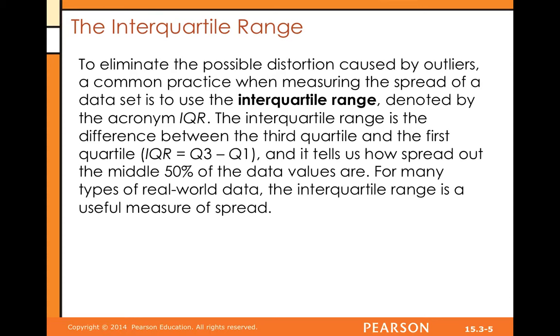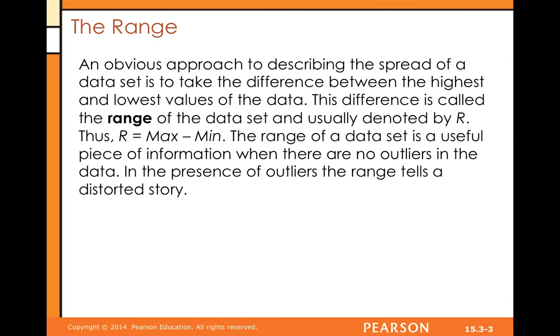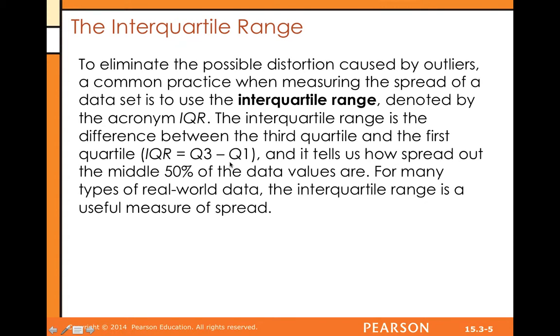Okay, so a different kind of range is called the interquartile range. So remember here, let's go back, the range is the distance from the smallest number to the biggest number inside your data set. So you just take your biggest number minus your smallest number. The interquartile range measures the difference from the first quartile to the third quartile.